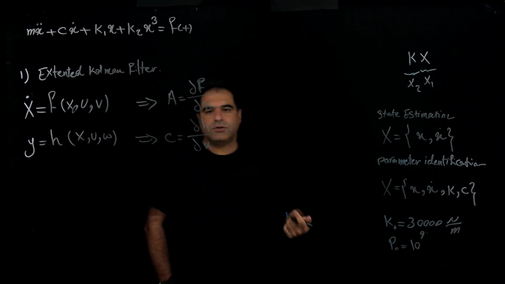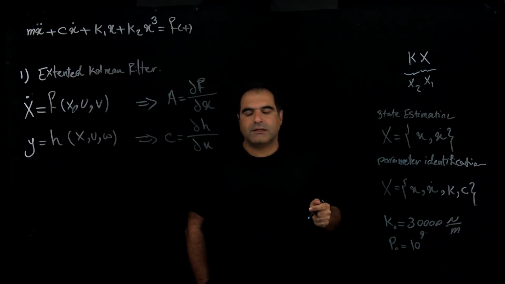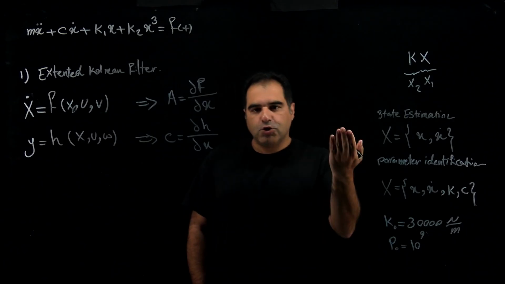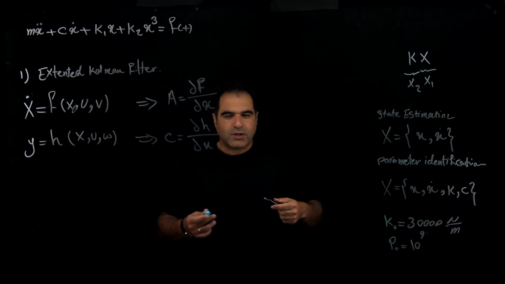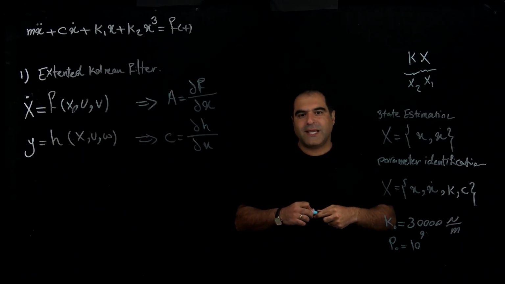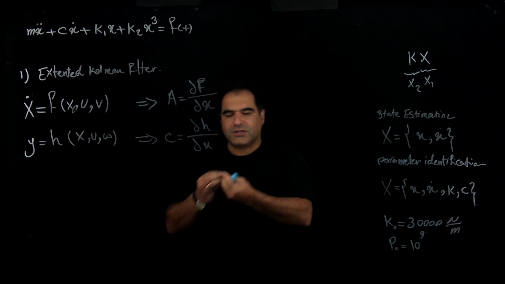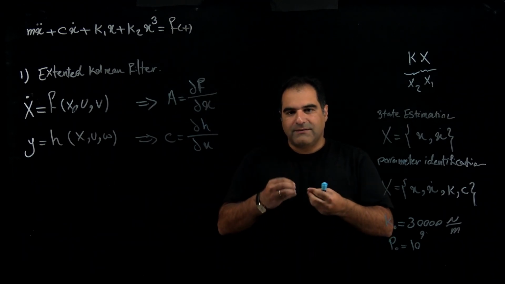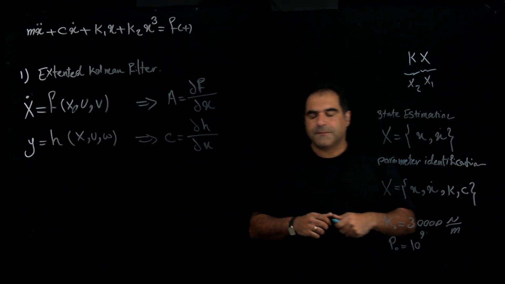Using this technique, you can define the A and C matrices, and again use the linear Kalman filter algorithm we defined earlier. You see what we are trying to do: we are trying to approximate or linearize a nonlinear function with a matrix and come back to the linear Kalman filter and work with that.